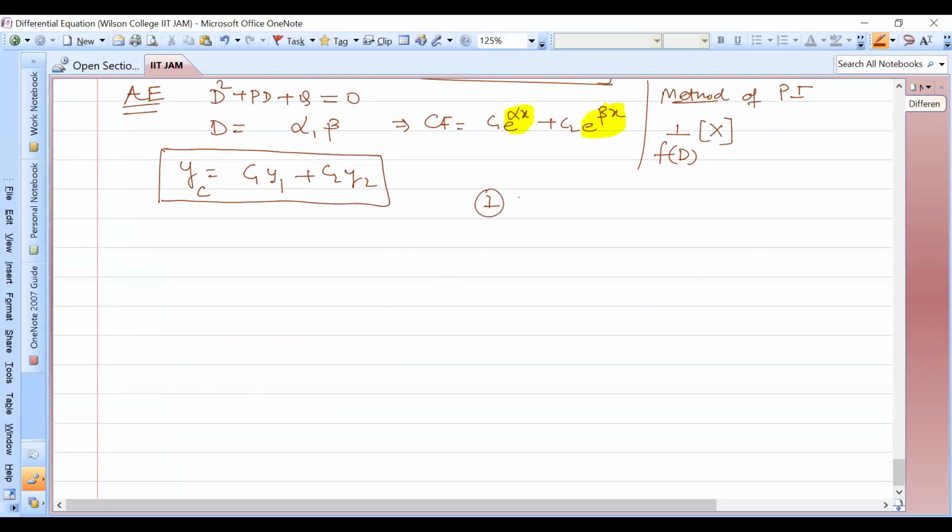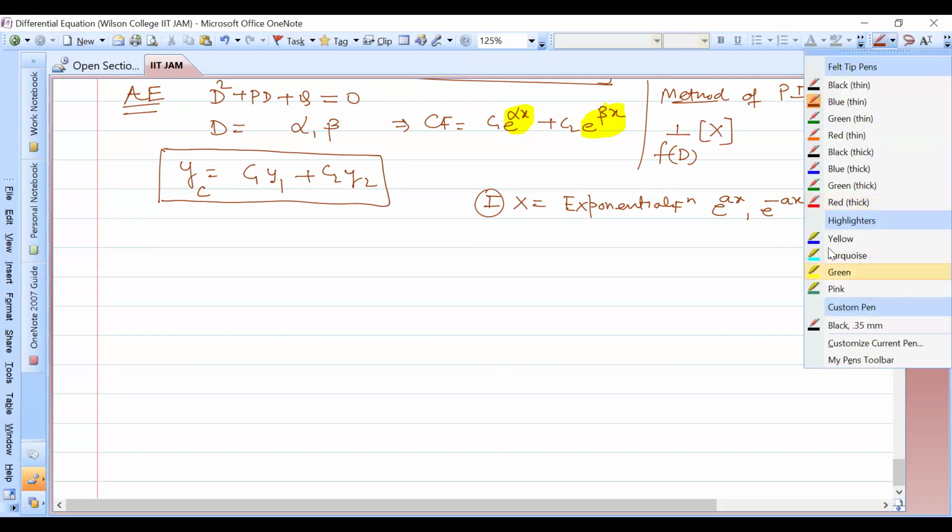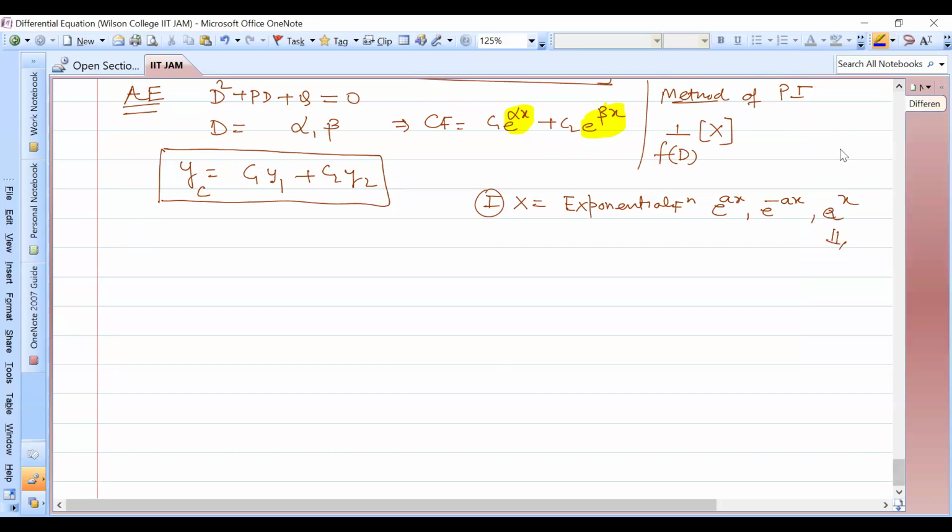Case number 1, capital X is an exponential function, meaning e raised to ax, e raised to minus ax, a raised to x, etc. If you recall, 1 upon f of D e raised to ax. So what is the rule?